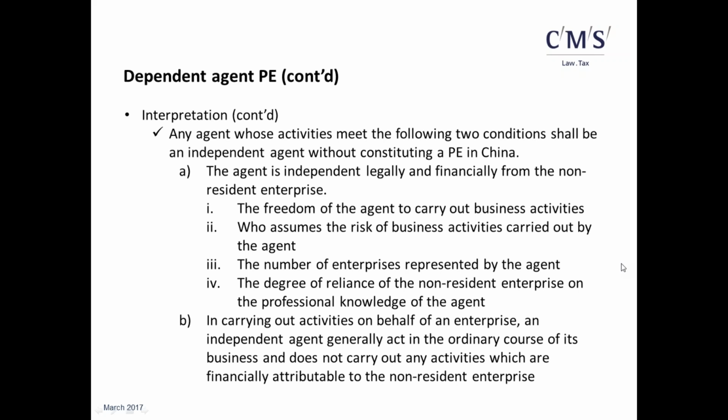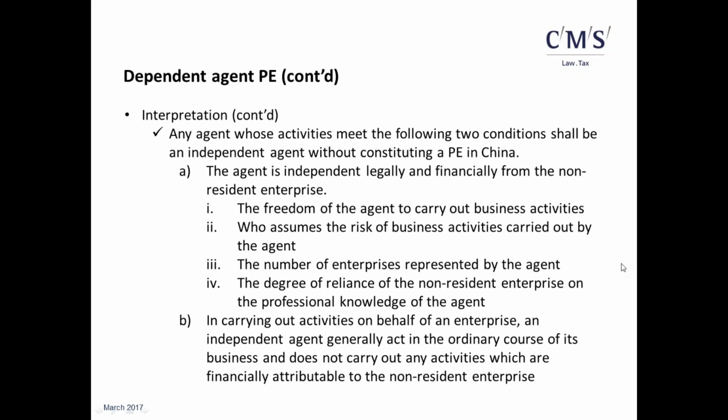And the second is, in carrying out these activities on behalf of the foreign enterprise, this agent generally acts in its own ordinary course of business and does not carry out any activities which are financially attributable to the foreign enterprise. So let's have a look at how we can understand "independent legally and financially from the foreign enterprise."